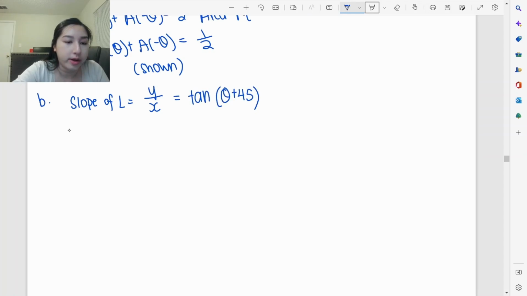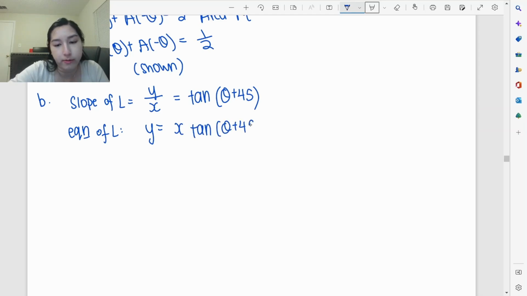So the equation of L is y equals mx plus b, where m is literally tangent of theta plus 45.